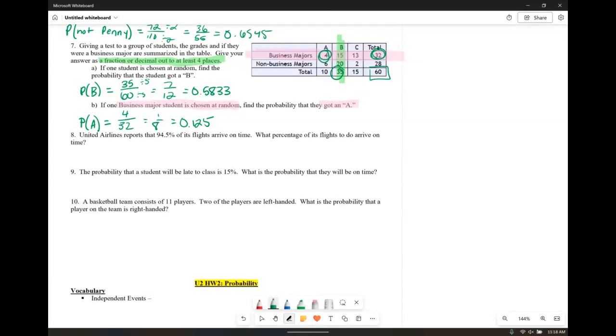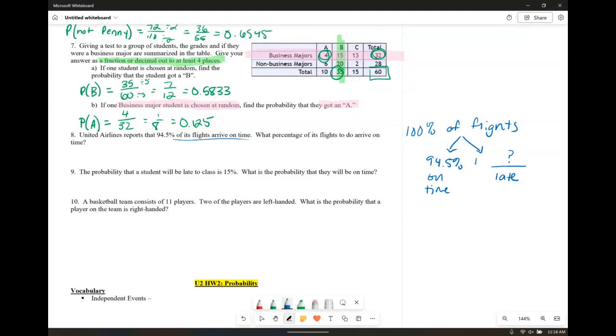All right, moving on. Let's see, a United Airline reports that 94.5% of its flights arrive on time. What percentage do not arrive? Okay, well, there's 100% of flights, and it looks like this data is broken into 2 categories: the 94.5% that arrive on time, and then some unknown percent that arrive late or not on time.